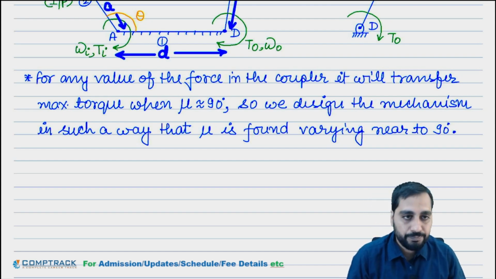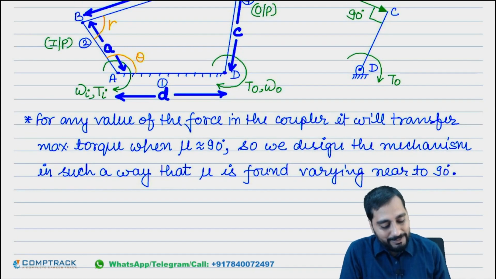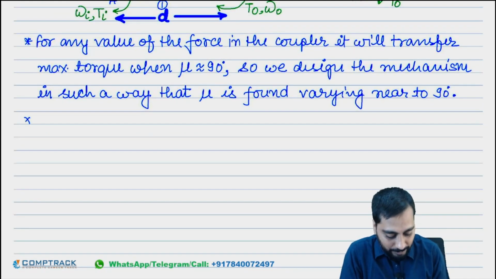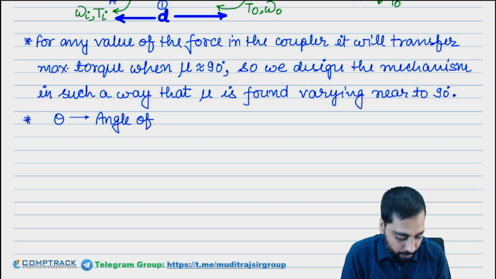Now here theta is the angle of the input link, the input variable, and this we have to control.